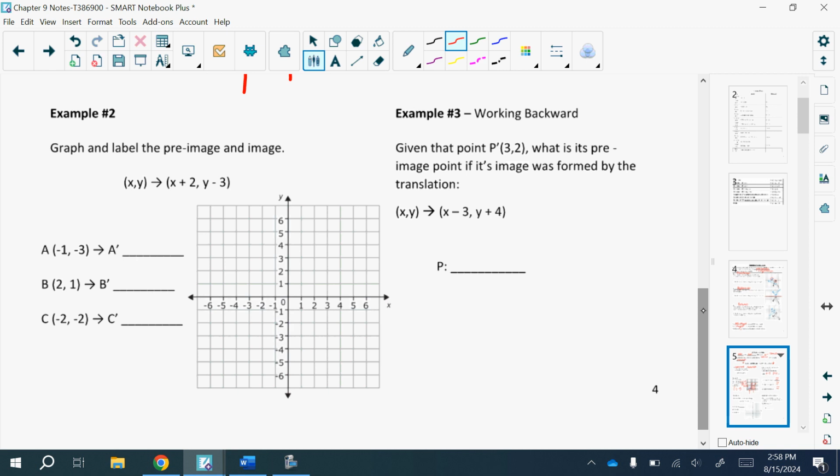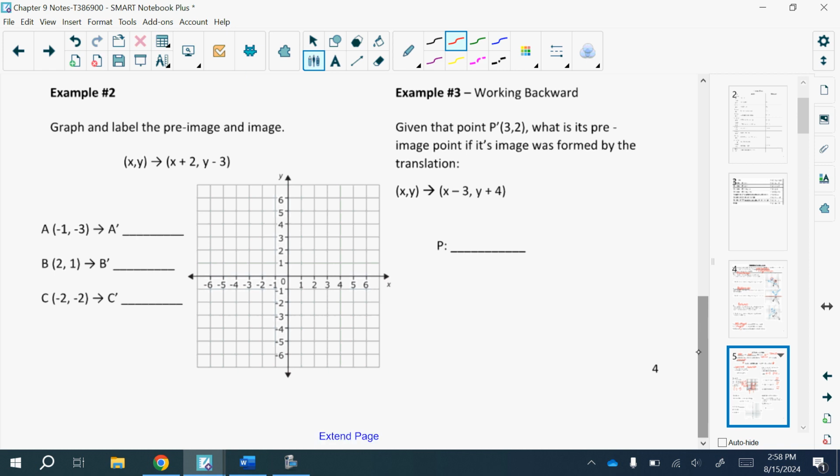We're going to go into example 3. So now we're working backwards. So given that point P prime is 3 comma 2, what is the pre-image point if its image was formed by the translation x minus 3 comma y plus 4, or in English, just left 3 up 4. So if we're going backwards, well, backwards essentially means opposite, usually.